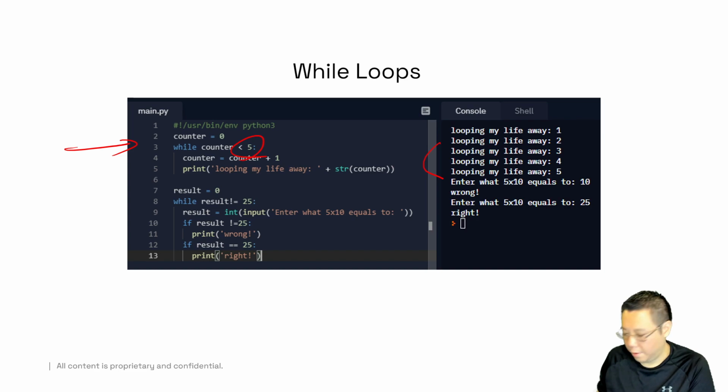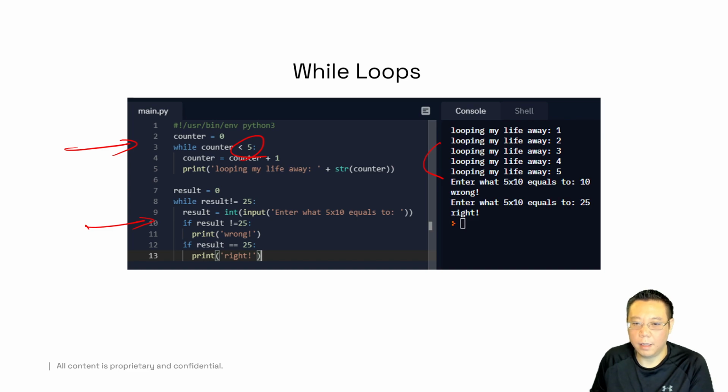What about this? Result equals 0. And while the result is not 25, enter, right? 5 times 5 equals something, right? What's your input? 25. If it's not 25, print wrong. If it is 25, print right.